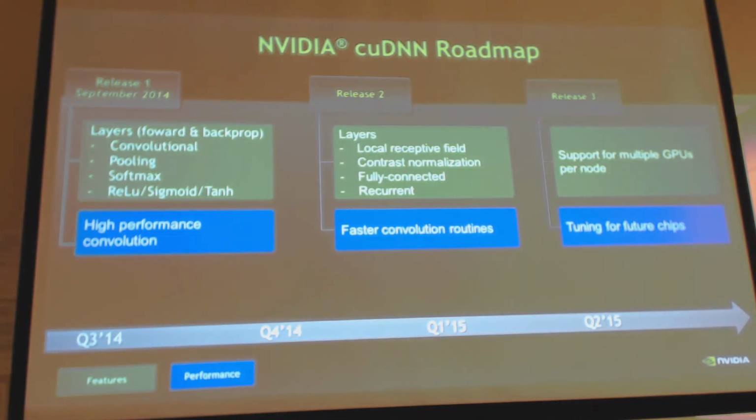So if any of you have any suggestions, any ideas, any requests, we'd be more than happy to hear them. Greater performance, moving on to local receptive fields, which use most of the same stuff mathematically, just different. You can think of it as a reorganization of the same problem. Contrast normalization, fully connected layers, recurrent neural networks. Release 3, something that we'll have to work on is multi-GPU scaling for these problems.